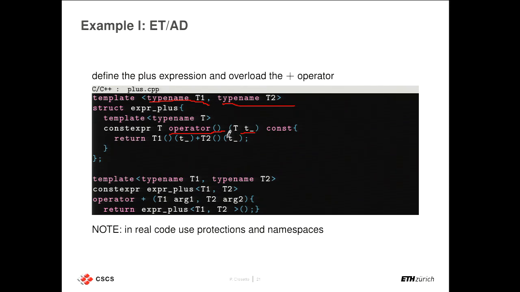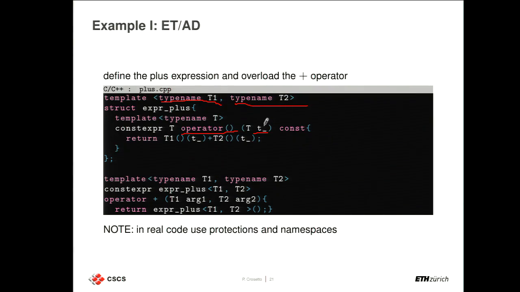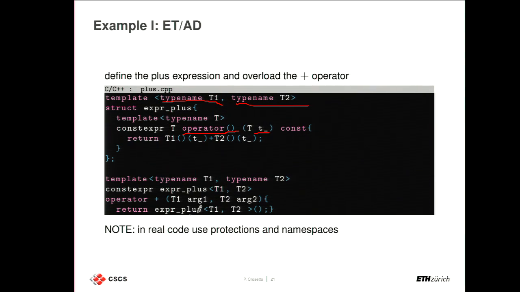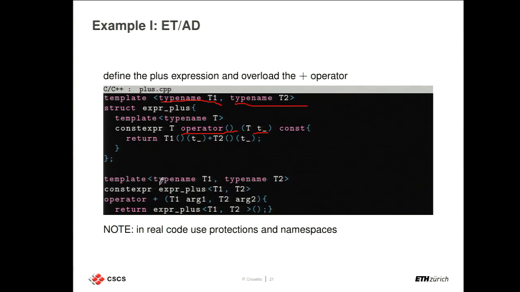This can be whatever generic type you choose. It only needs to implement an overload operator. You return T1 in T plus T2 in T. And then you also have to write the overload of the plus operator.